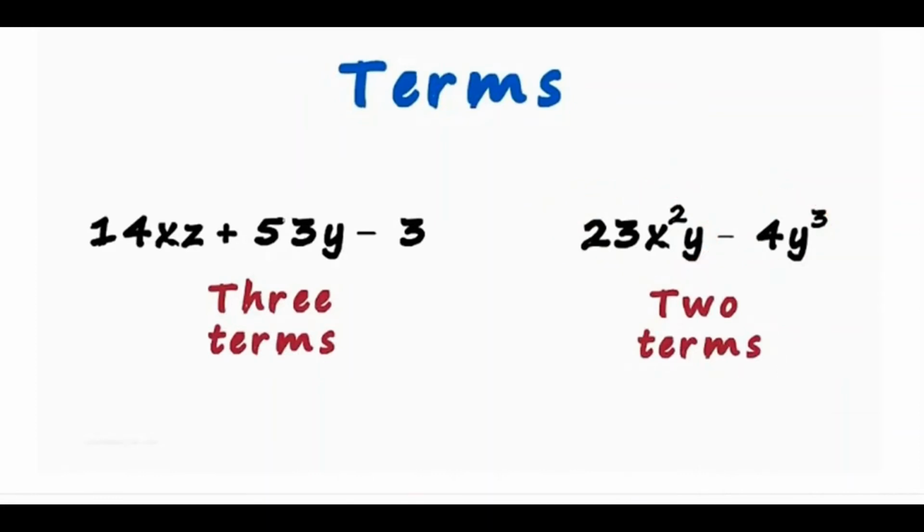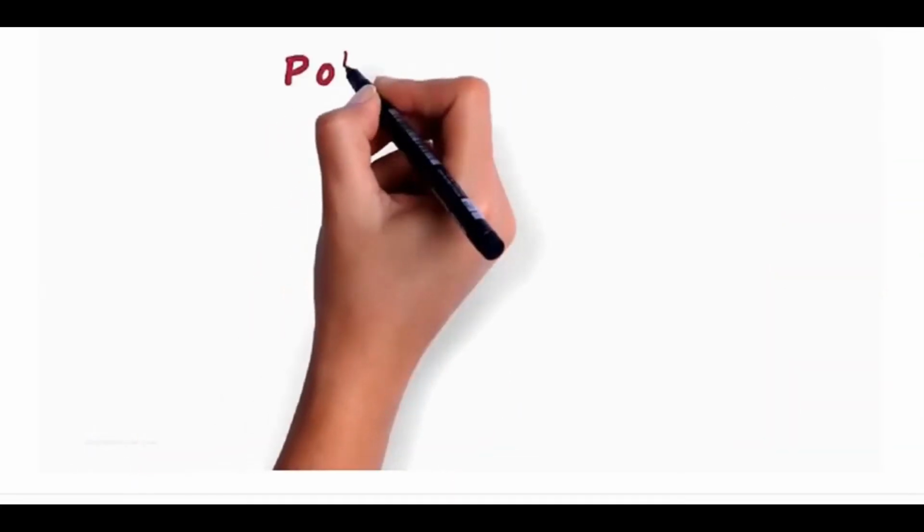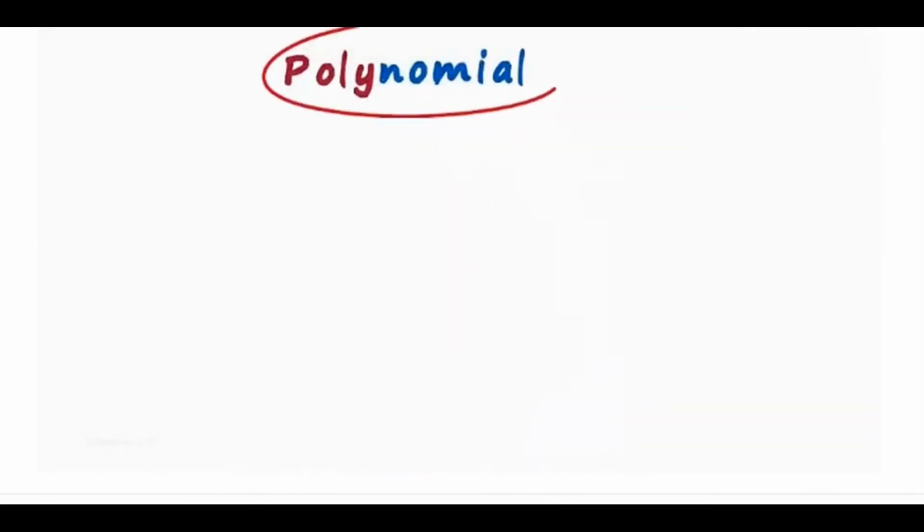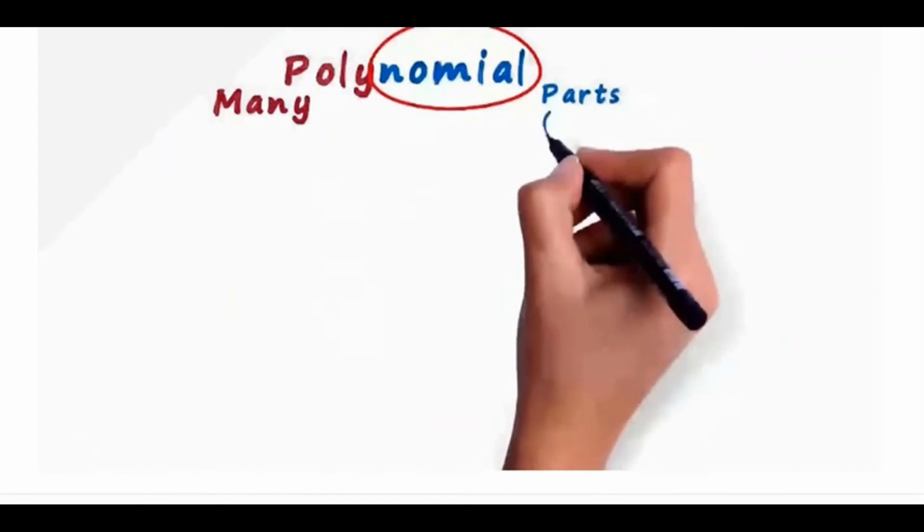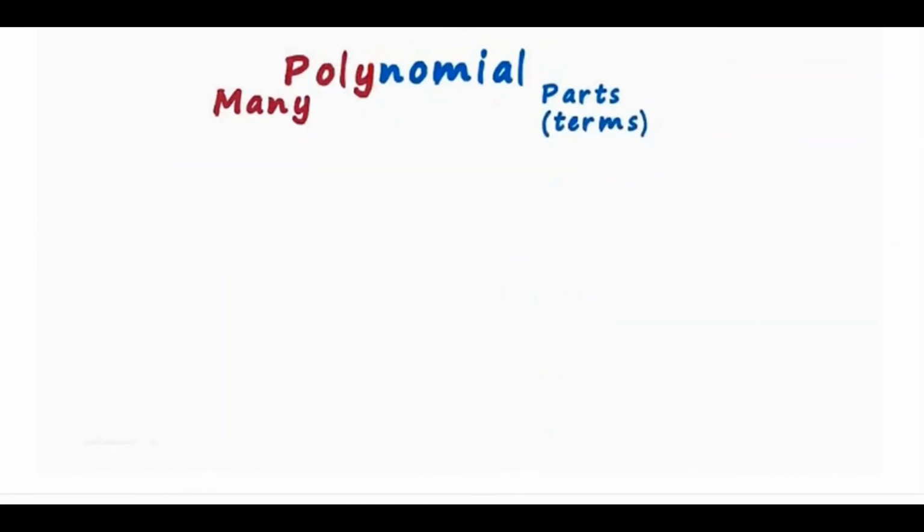Now we can move on to understanding the most important concept in algebraic expressions. It's the concept of polynomials. As you can see, the word has been colored into two parts. Poly means many and nomial means parts or terms in the case of algebraic expressions.